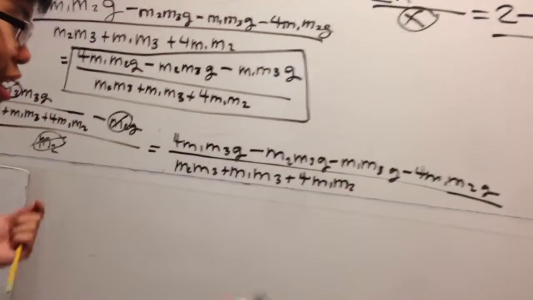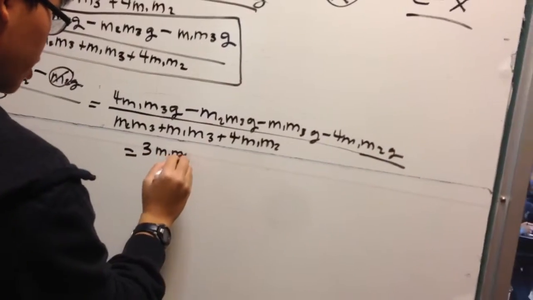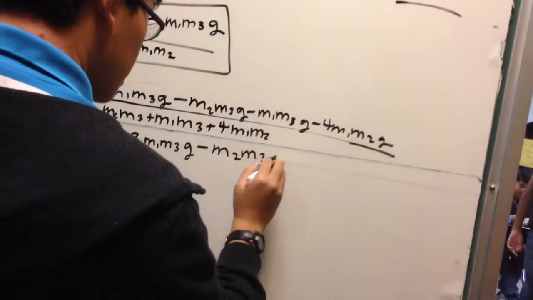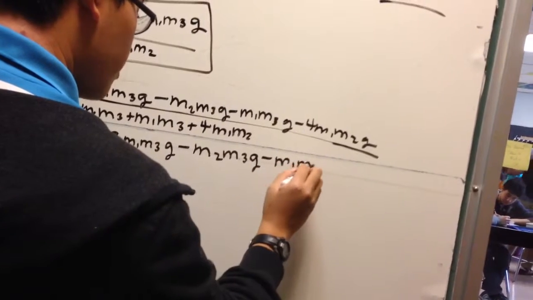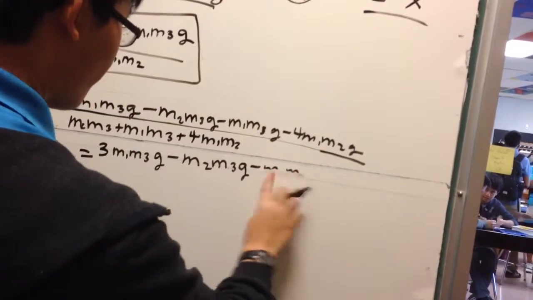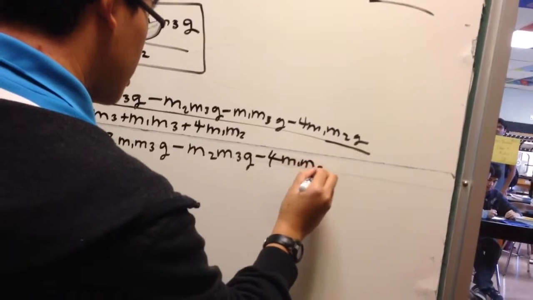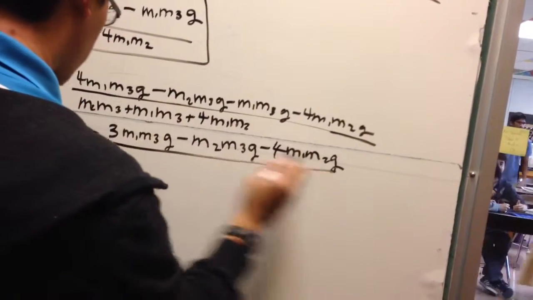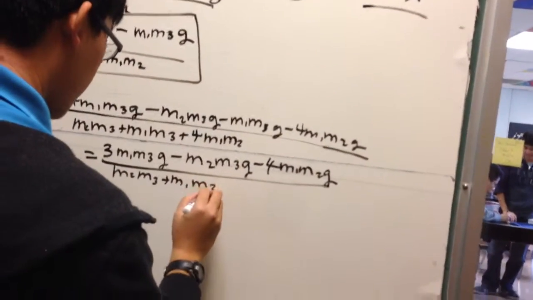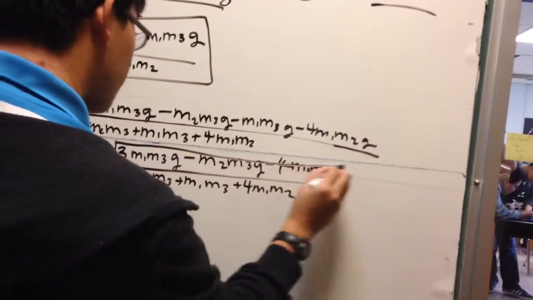So 4 minus 1 is 3. Hopefully we know that. So 3 M1 M3 g minus M2 M3 g minus 4 M1 M2 g all over M2 M3 plus M1 M3 plus 4 M1 M2. And that is our acceleration 2.